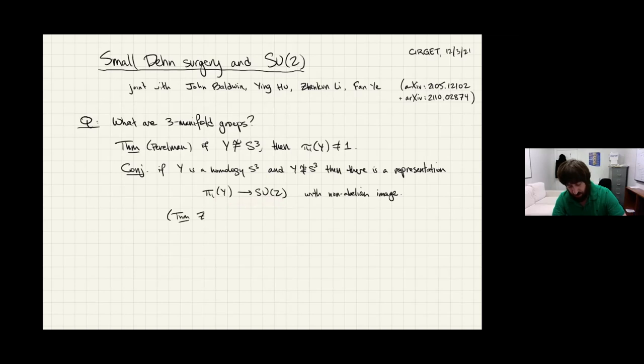I should mention a theorem of Raphael Zentner from maybe 4 or 5 years ago, that it's actually true if you replace SU2 with SL2C. Okay, but you might ask, what else can I detect using something like the SU2 character variety? Why is this phrased first for homology spheres?